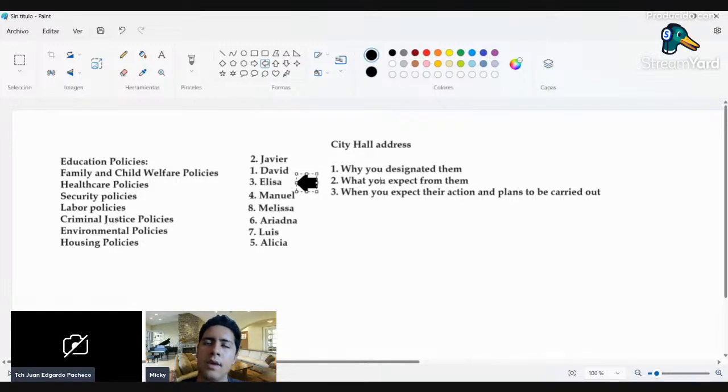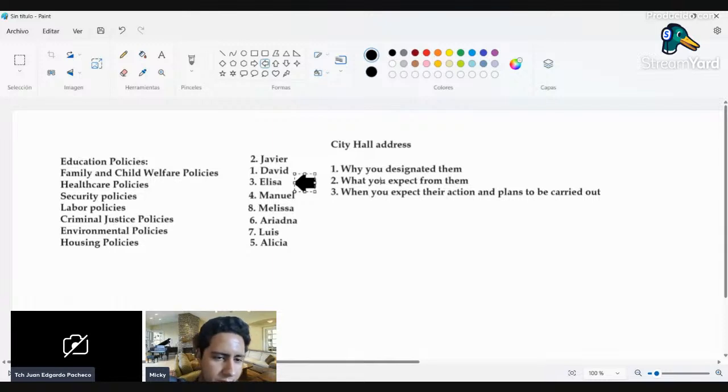What I'm expecting is that the healthcare services, not just in the city but in all the state, improve for all of society, because our state deserves a better healthcare system. So that's why Elisa is in charge. And obviously, I want to hear all your ideas, as with all the people here, and see what you're planning to solve all the problems that we have.